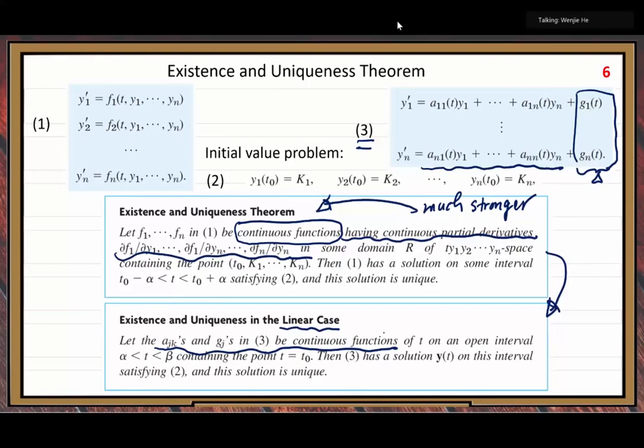So the second one you can consider as a corollary of the first theorem. Just straightforward: apply the first theorem, because the partial derivatives are all continuous and the original functions are also continuous.